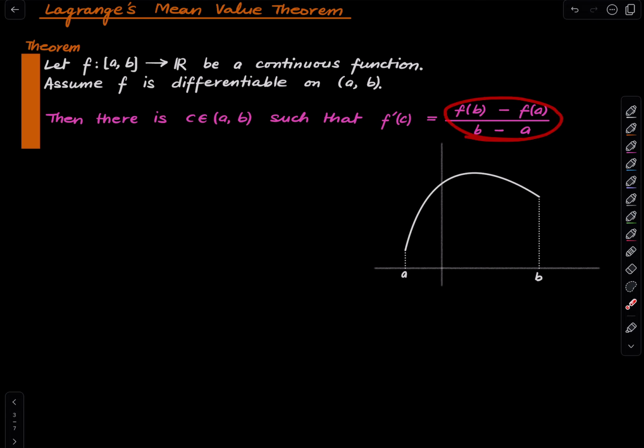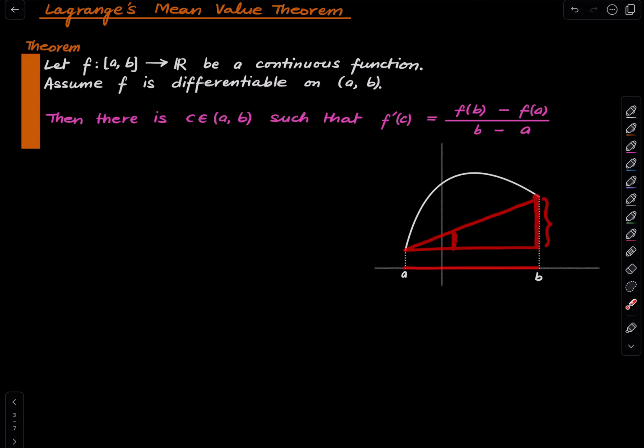Now what is this value geometrically? So here is a sample graph of the function. So fb minus fa divided by b minus a. What is b minus a? B minus a is that much. Or if I just translate it, it is that much. What is f of b minus f of a? It is that much. So the ratio is the tan of this angle.